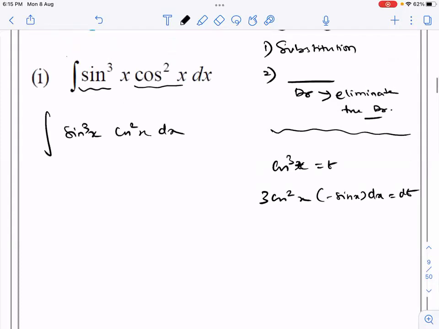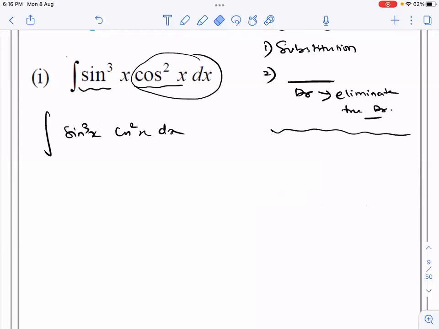So cos square x dx will give you some relation with t, but what will you do to the sin x? Nitish, are you able to understand? Yes, sir. So tell me. Stuck? Okay.